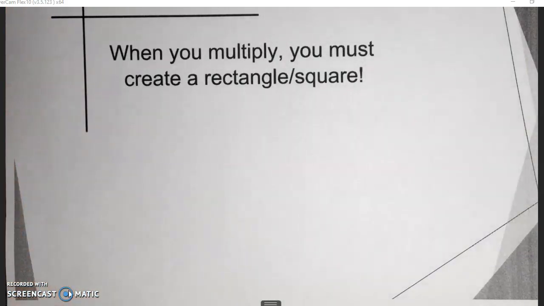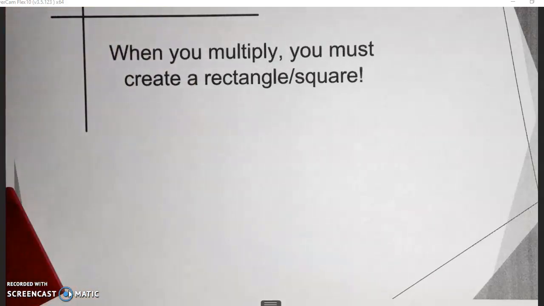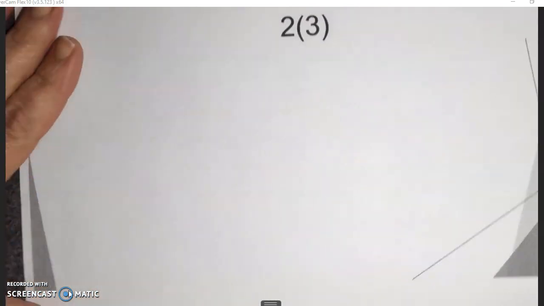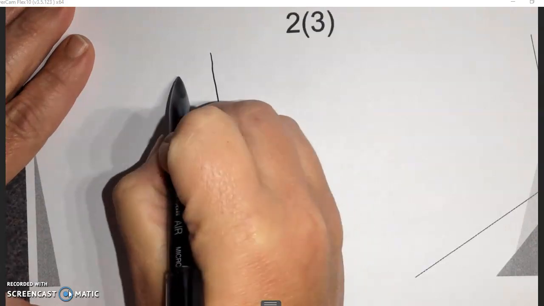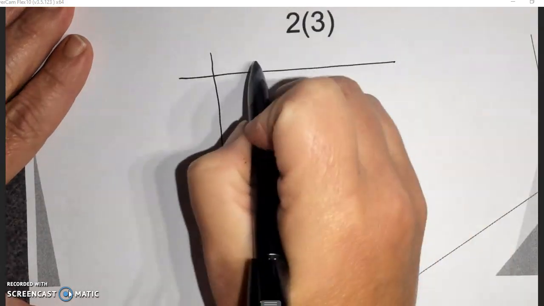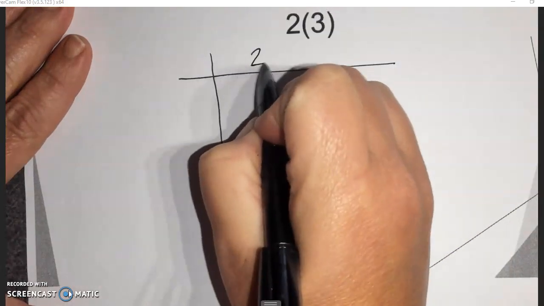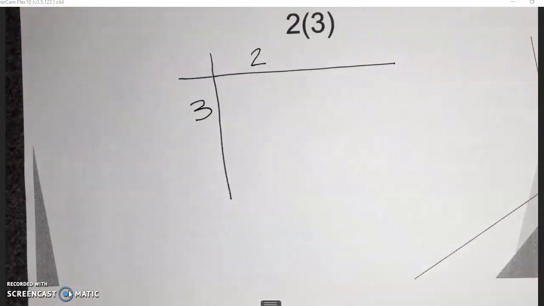Okay? So let's start with this first one. We want to represent the expression 2 times 3 using algebra tiles. So we have 2 times 3.